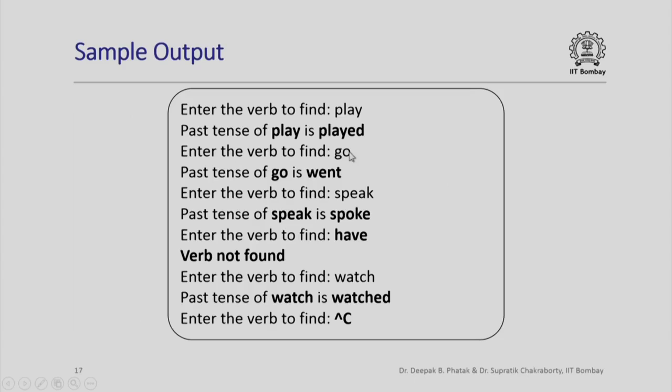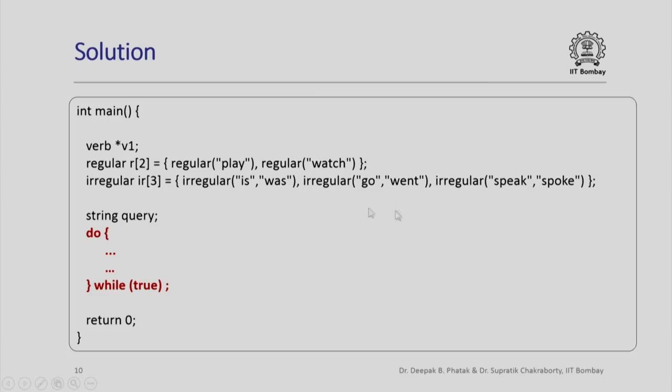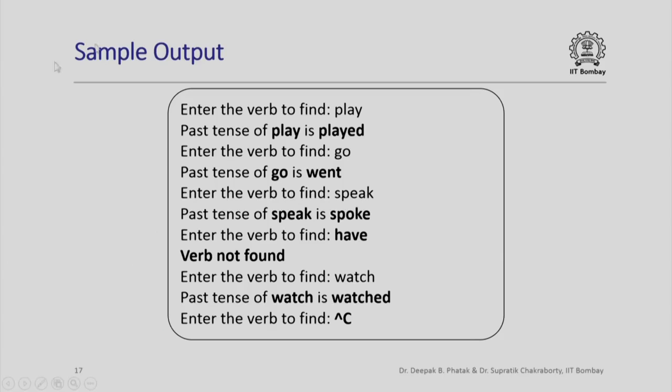If I enter go, then because go was already used to initialize go and went was already used to initialize the array of irregular verbs, it will find it in the array of irregular verbs and it will say past tense of go is went.